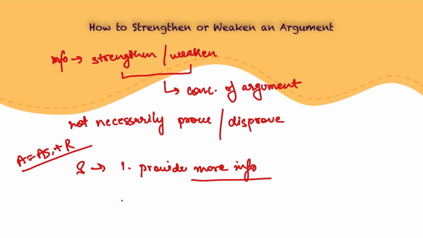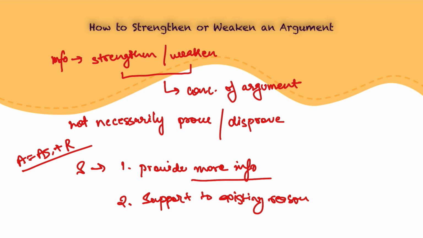Another, it will provide support to the existing reason. Essentially it will simply explain or build a link between the conclusion and the reason which is already provided to you. So essentially just using the words or the information which you already have and building upon it to make the conclusion more likely or less likely.